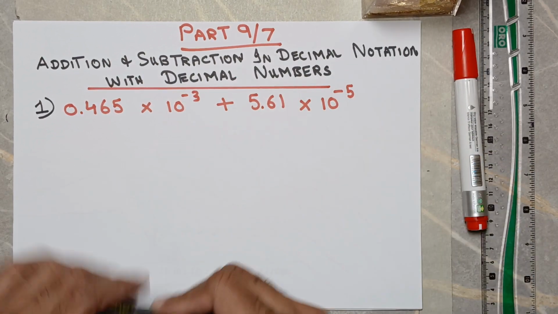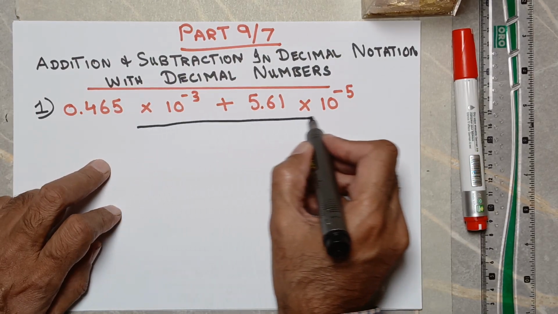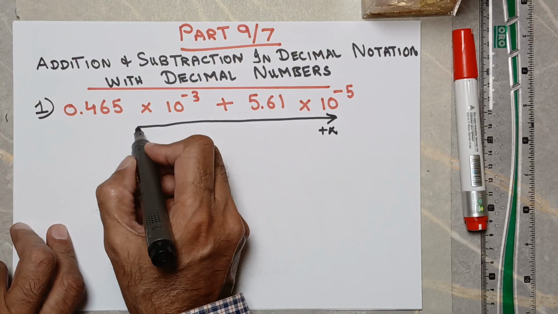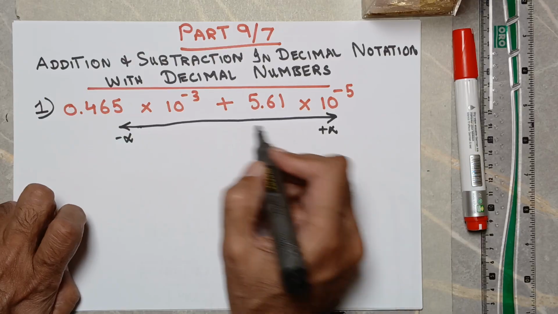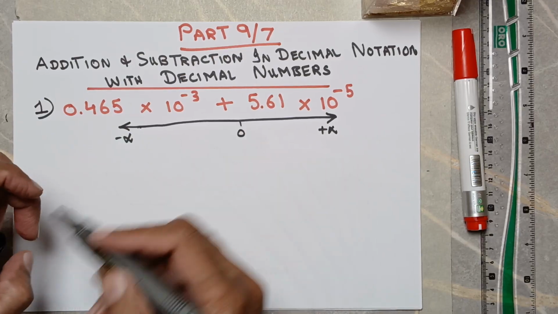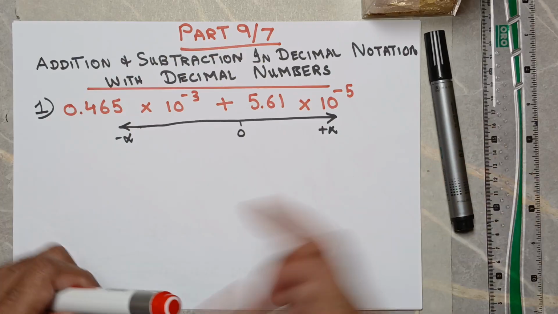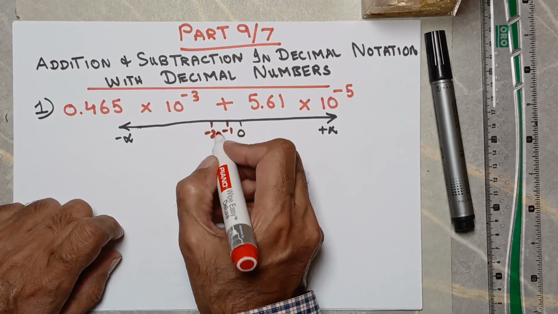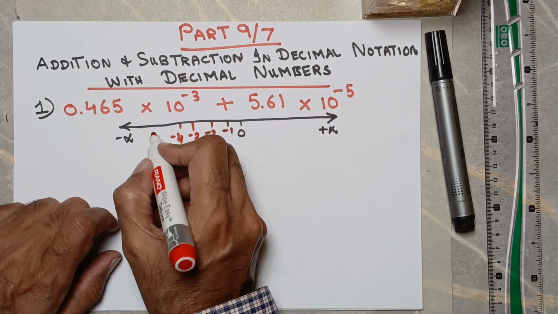So how? Okay, let me draw a number line for you. Here it is positive infinity and here it is negative infinity, and in between them we have a 0. Let me mark the values of the negative integers: minus 1, minus 2, minus 3, minus 4 and minus 5.